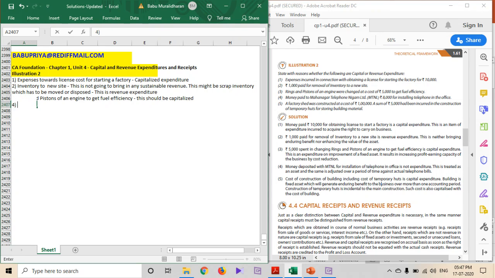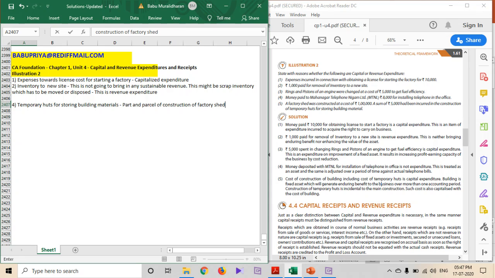Then next one, 4: a factory shed was constructed at a cost of rupees 1 lakh. A sum of rupees 5,000 had been incurred in the construction of temporary huts for storing building material. Temporary huts for storing building materials are part and parcel of the construction of the factory shed.